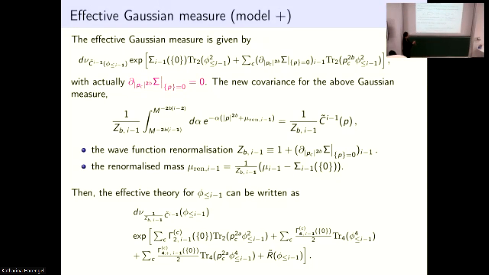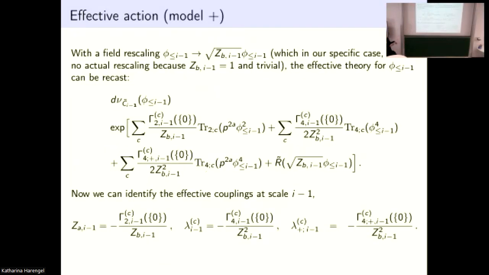I keep writing, so I can show the pink one, but it's actually 0 in our case, meaning the wave function renormalization is absent. It's simply trivial and 1. And then I'll keep going. So the effective theory can be written. I can massage it a little bit, and then I'll do a field rescaling. But again, as I said, we don't have any wave function renormalization.